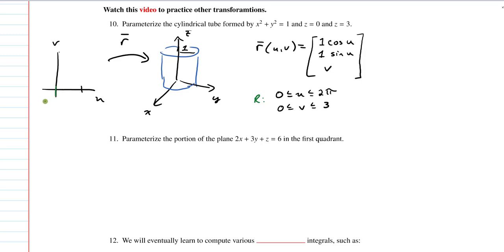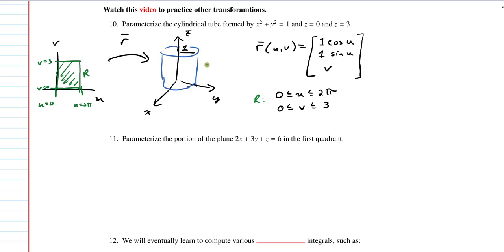So here is where U is equal to 0. Here is where U is equal to 2 pi. And then V goes from 0 up to 3. And so this is our region R that is going to get morphed based upon these three coordinate function rules into this solid over here.